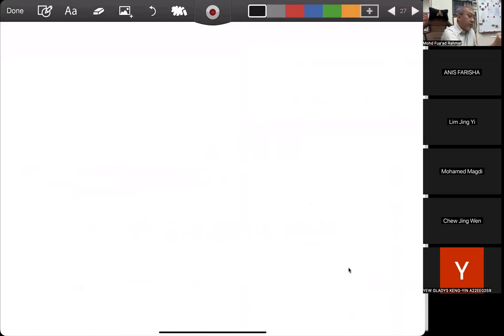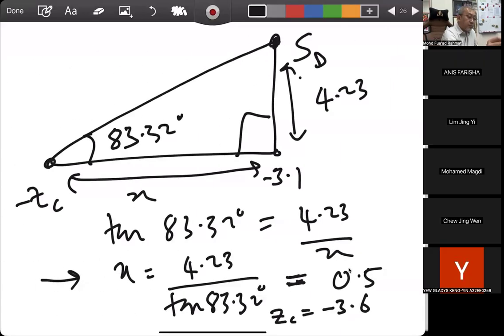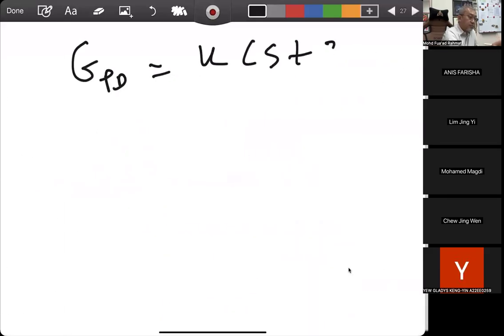So GPD is equal to K (S plus 3.6). Your PD controller. Okay. Actually, this one is the KP.